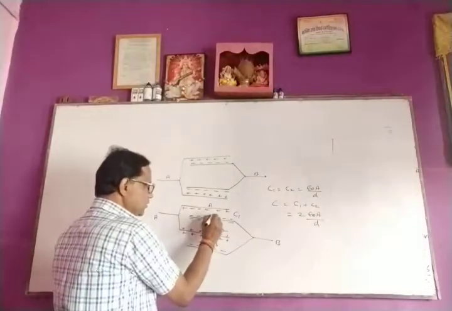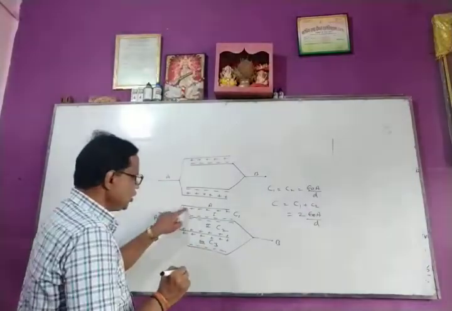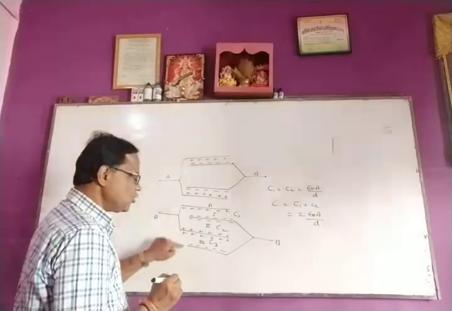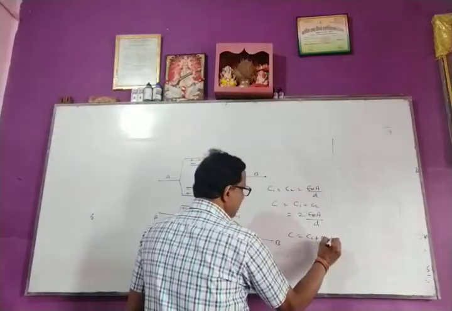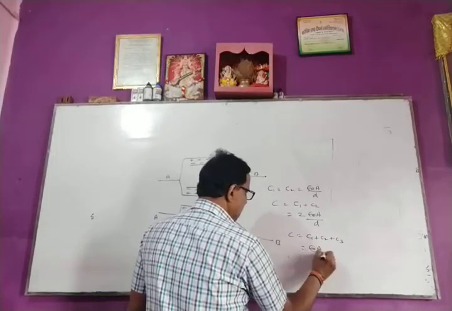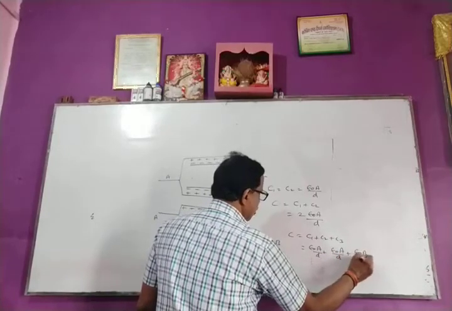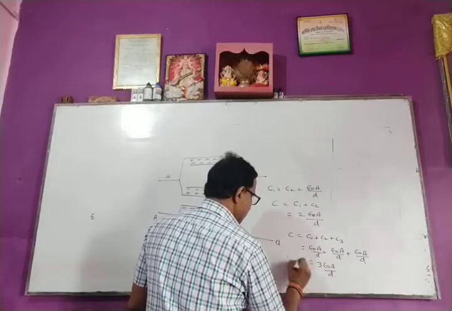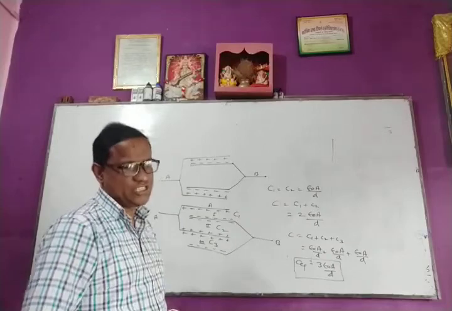All are in parallel. So C is equal to C1 plus C2 plus C3. So epsilon naught A by D plus epsilon naught A by D plus epsilon naught A by D. So 3 epsilon naught A by D. It is the equivalent capacitance.